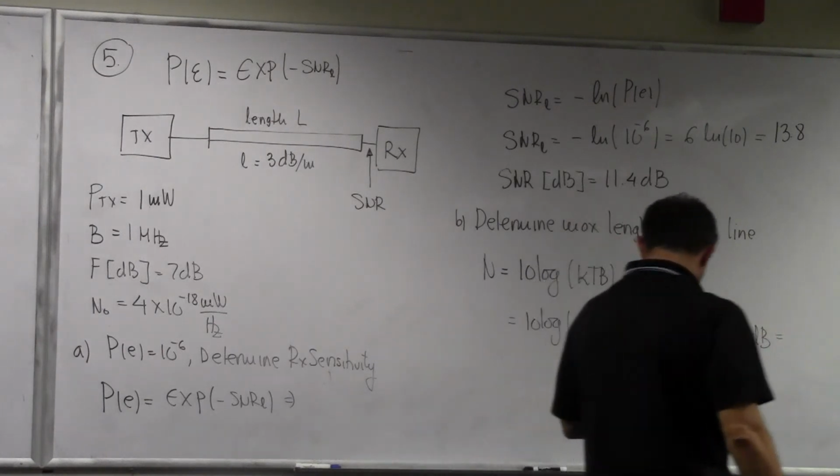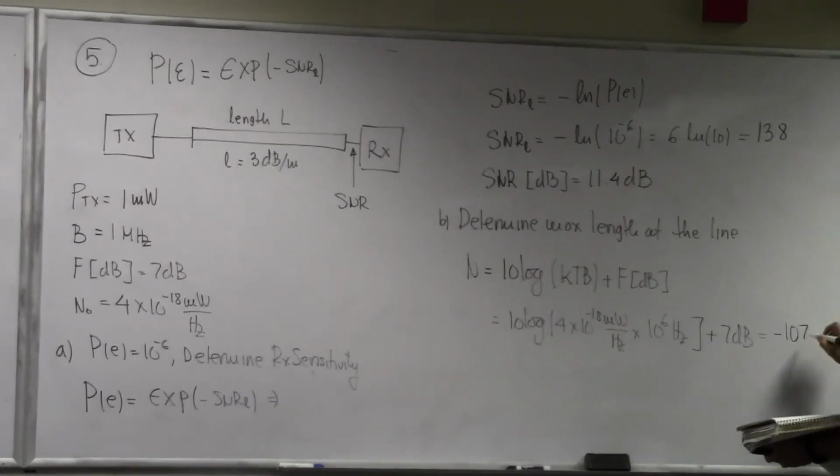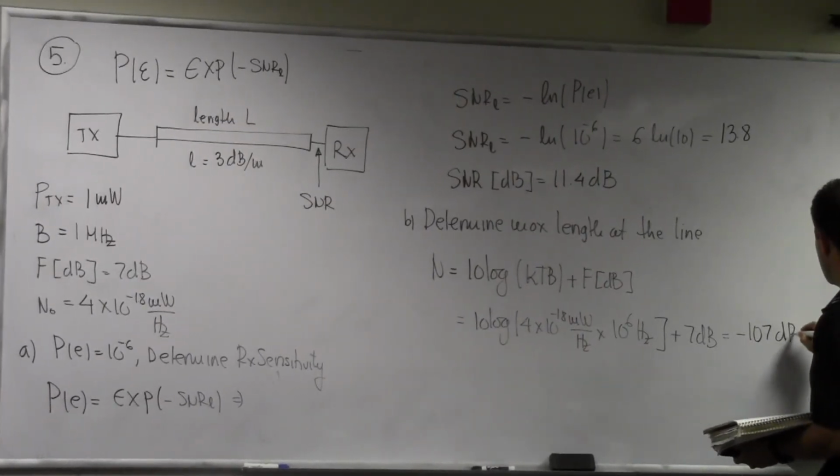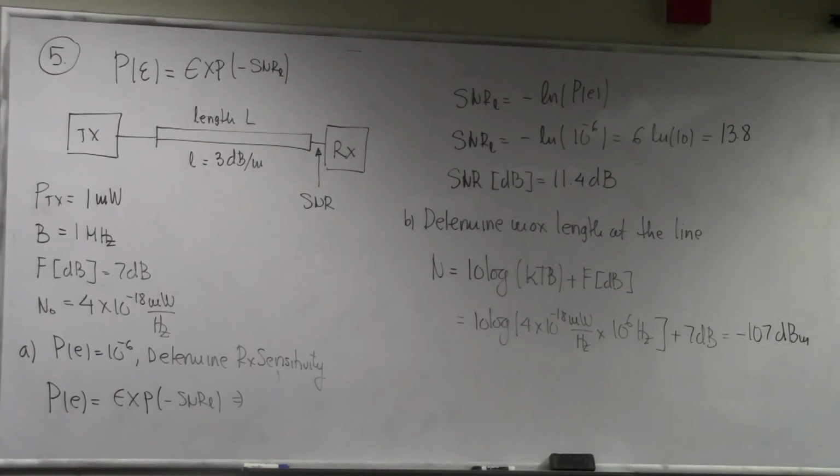So this gives me minus 107 dBm. So that's the power of the noise that is presented to the receiver, taking into account the noise figure of the receiver.